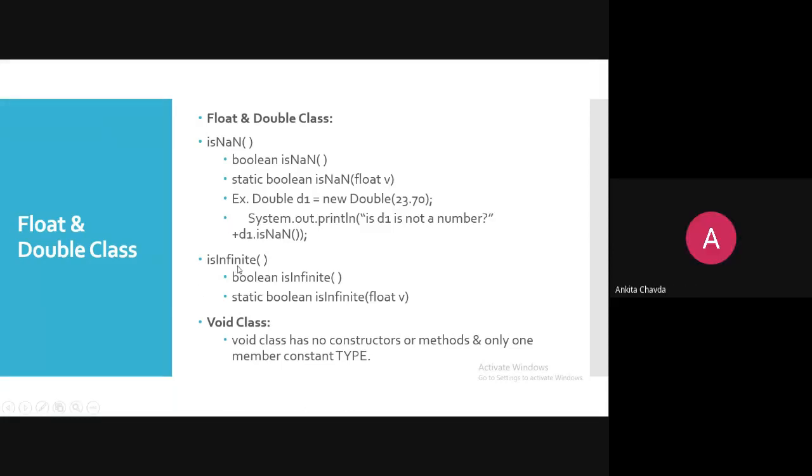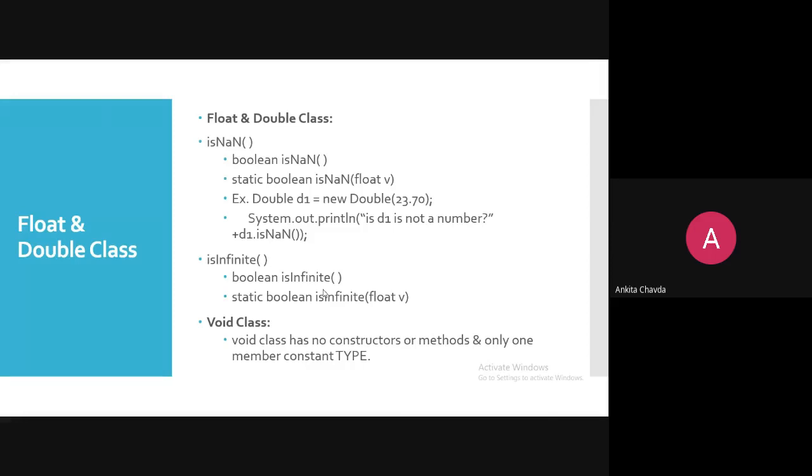Yes. isInfinite is another method. It checks whether a number is infinite or not. You can even search for some of the methods on your own, because I have not included every method, though I have tried; I think one or two methods I have not included.